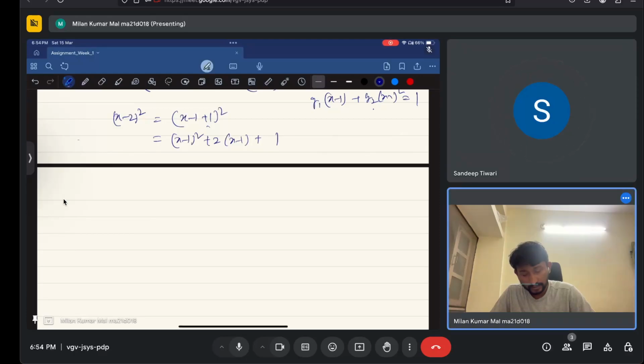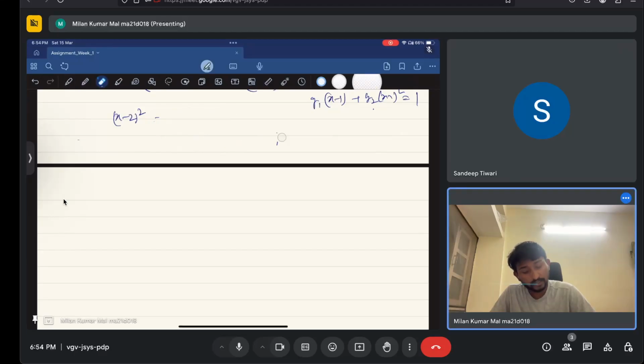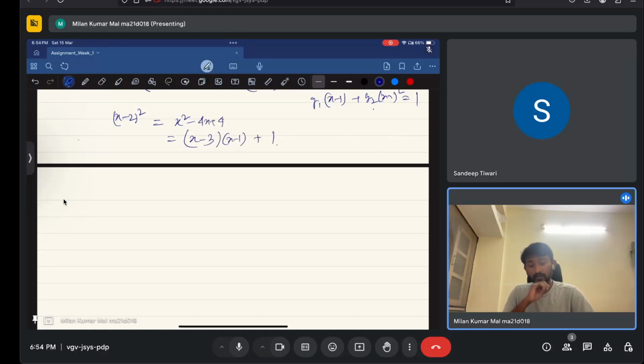X minus 2 square is x square minus 4x plus 4, and you are saying this can be written as x minus 3 times x minus 1 plus 1. So the remainder is 1 and the quotient is x minus 3.